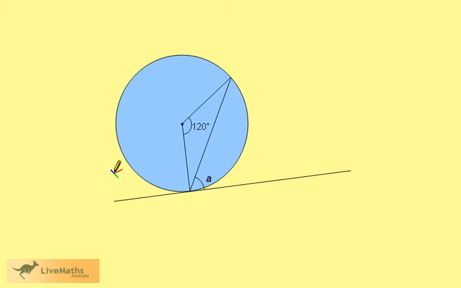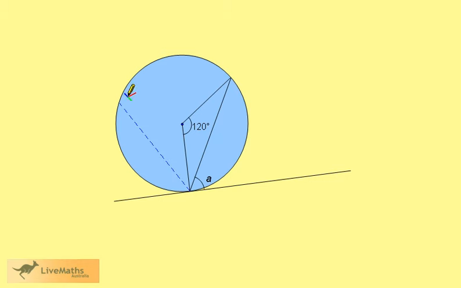Now consider this example. We have a circle, a tangent, and a chord, and we're trying to find the angle between the tangent and the chord. We know this angle is 120 degrees.